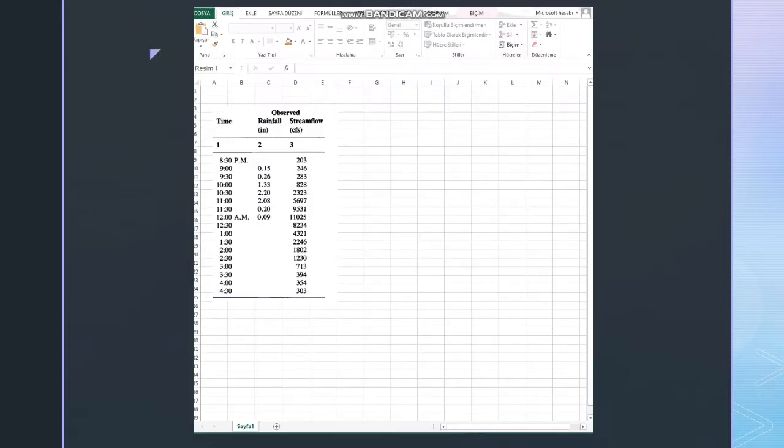Alright, we have this table. Let's write it down in Excel. Let's try to solve it in Excel. Time: we have 8:30, until 16:30.